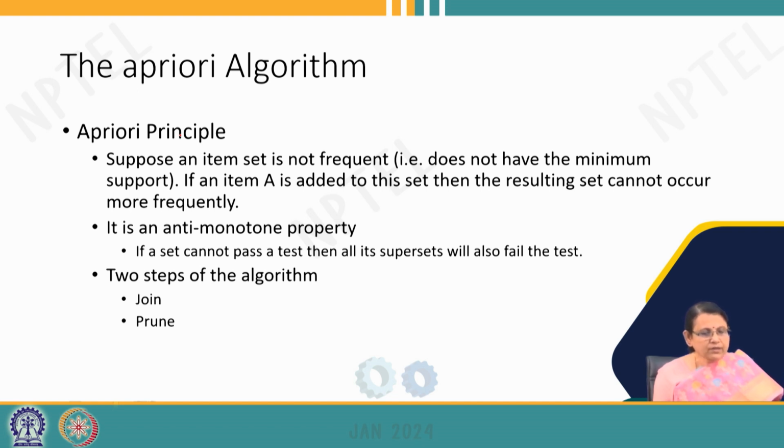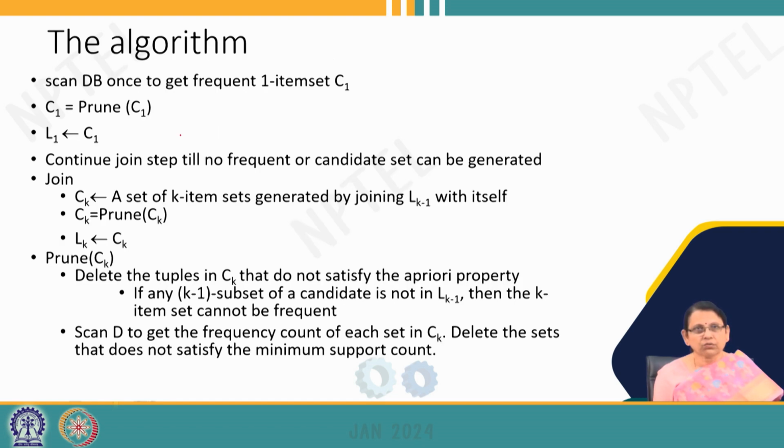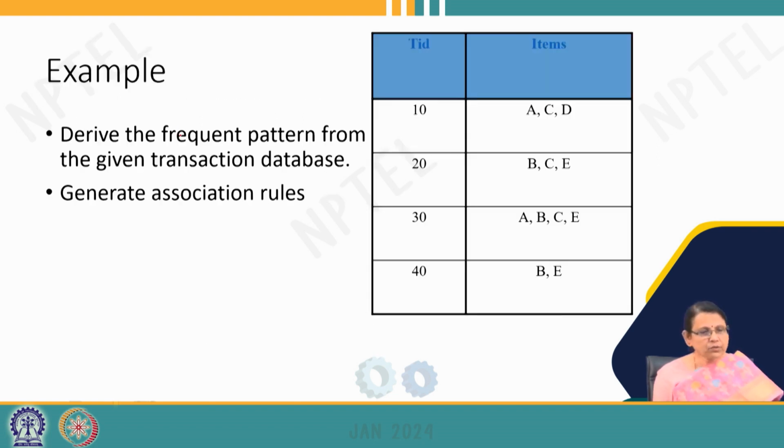There are 2 steps in this algorithm, join and prune. This is the algorithm, but we will not be going through the steps of the algorithm just like that. We will be first looking at an example, and based on that example we can come back and look at the algorithm again. Suppose this is our example problem, and these are the items which are rated by specific users.